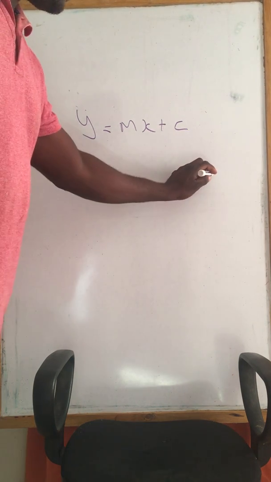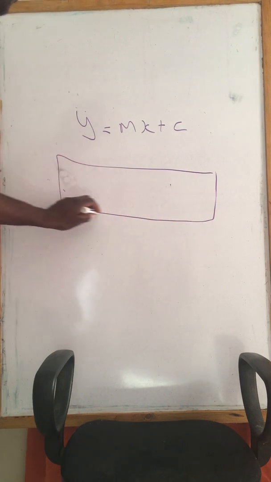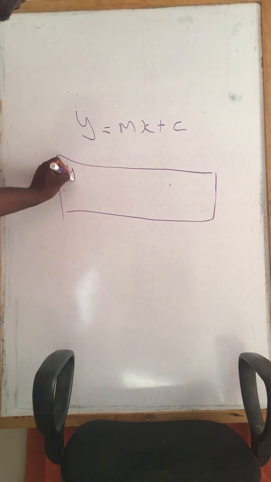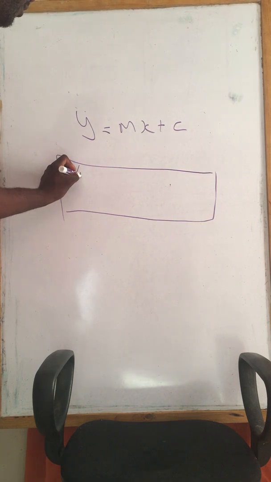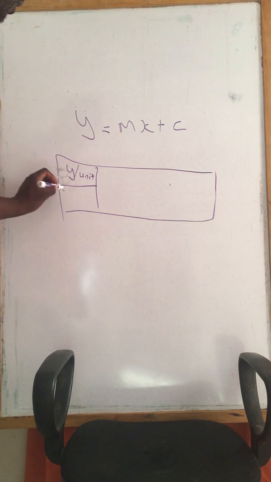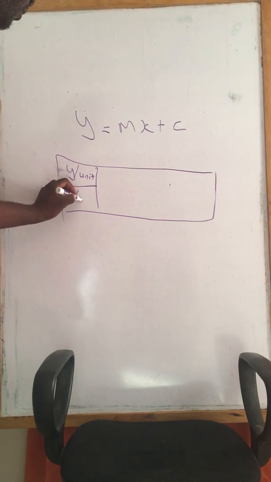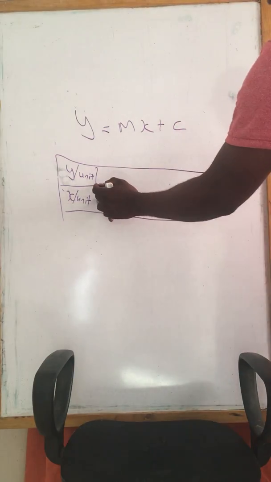Now, let's say we capture some data for y and x. So then y slash some form of unit, and x, whatever unit x bears, right?